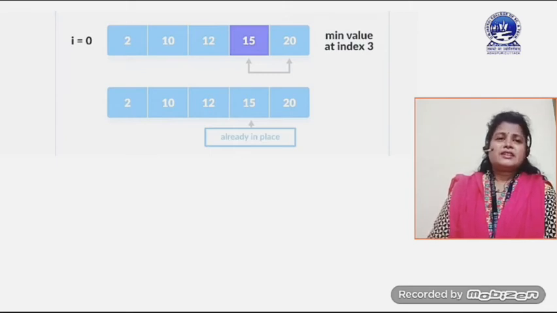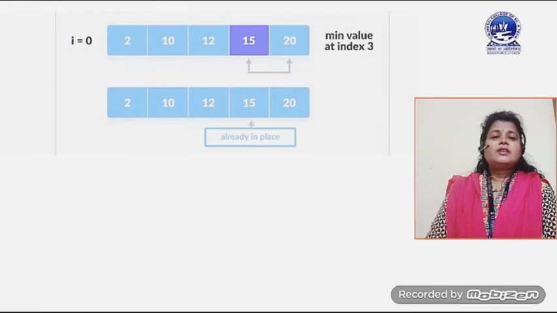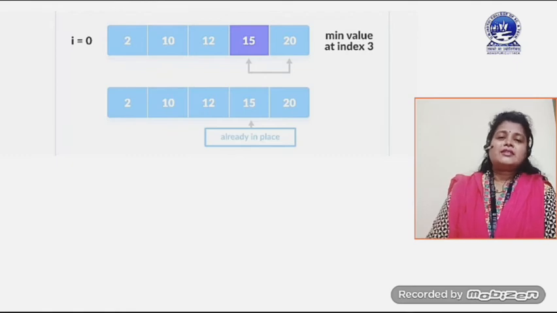Now 15 is in its proper place, and for 20 there are no more elements to compare. It means that here we got our final list which is 2, 10, 12, 15 and 20. I hope you have got some basic idea how selection sort is working.